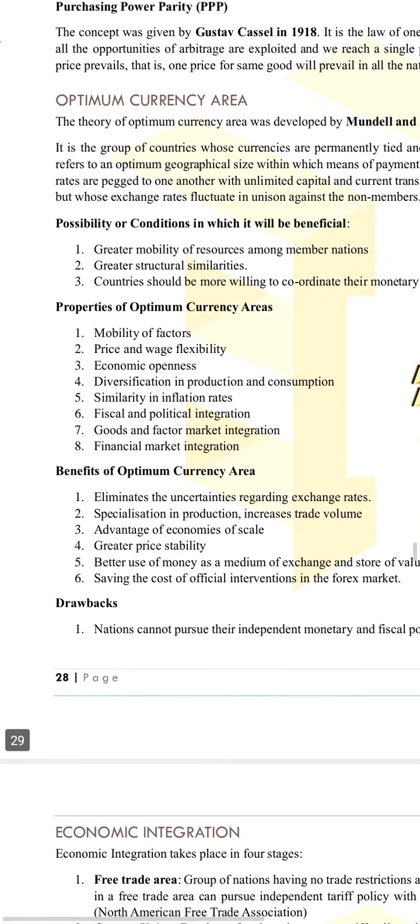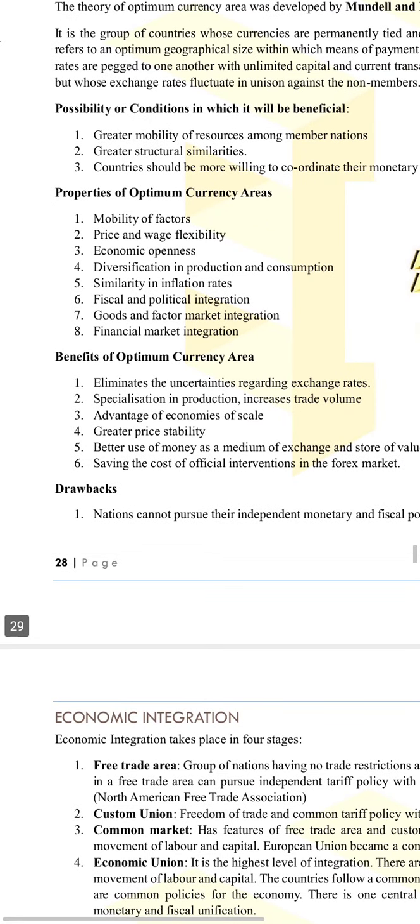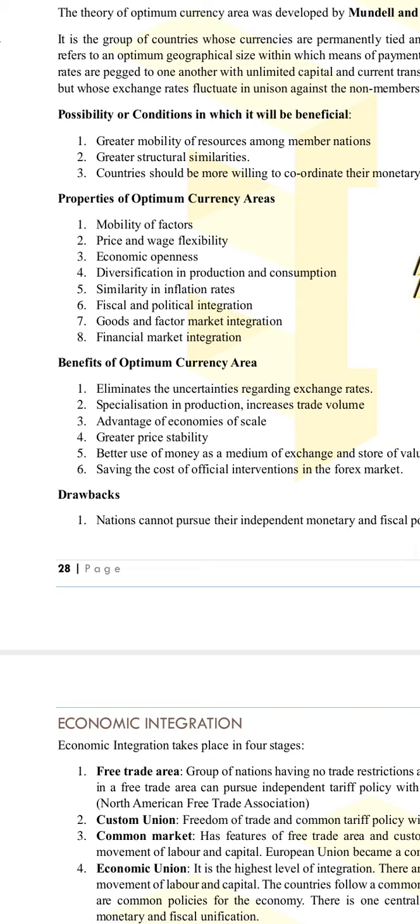Properties of optimum currency areas: mobility of factors, price and wage flexibility, economic openness, diversification in production and consumption, similarity in inflation rates, fiscal and political integration, goods and factor market integration, and financial market integration.